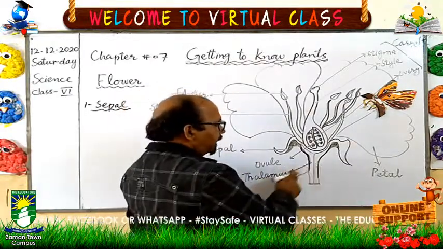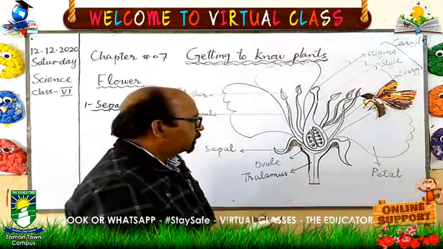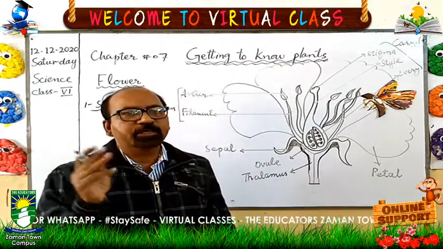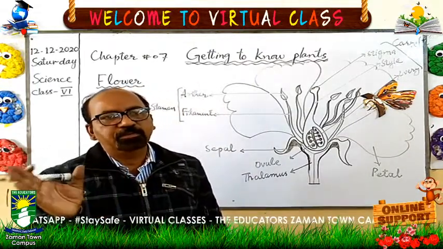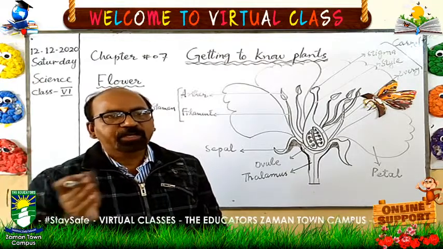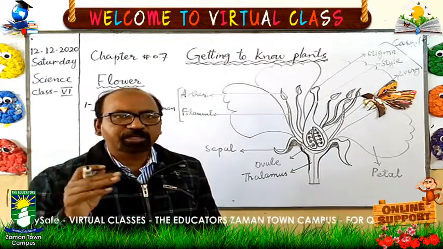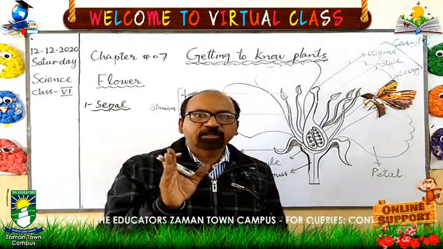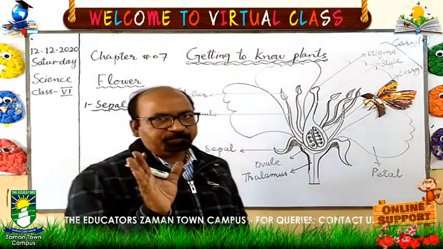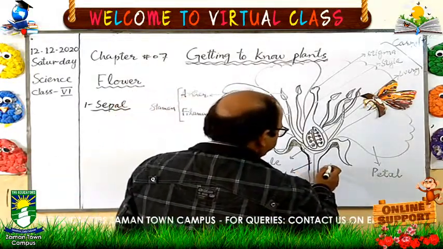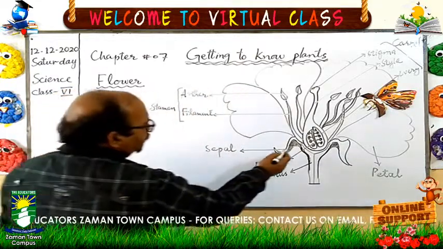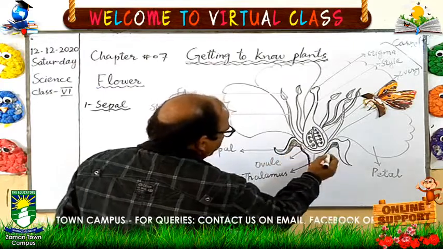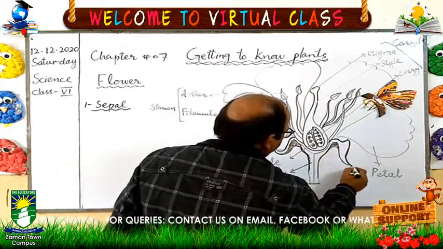At the base of the flower, there are a few structures, mostly green in color, and some yellow, and with the passage of time they become brown, but they have different shades. Mostly they have green petal-like structures, and these are called sepals.